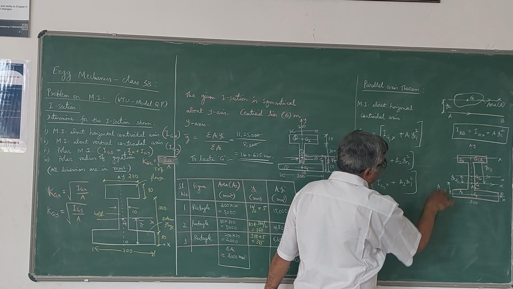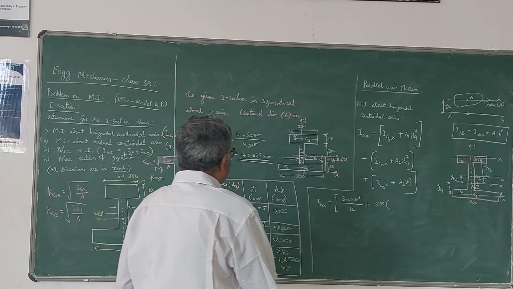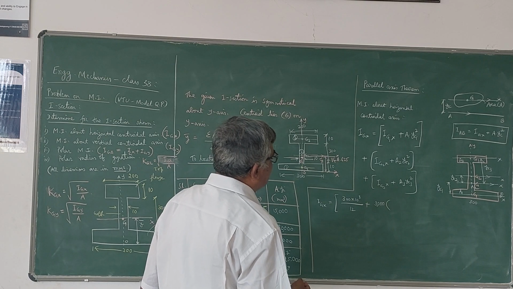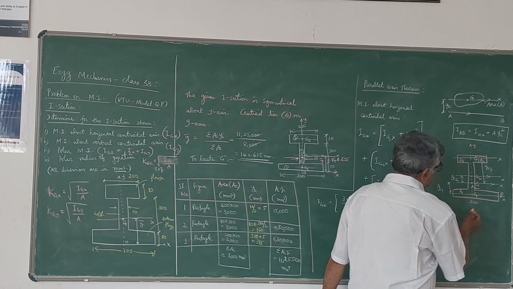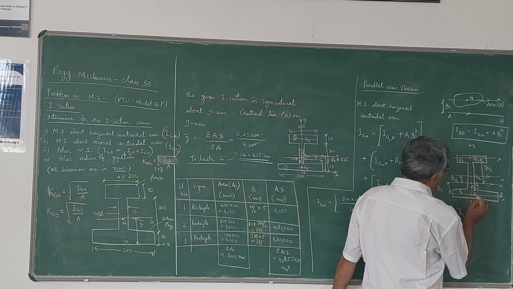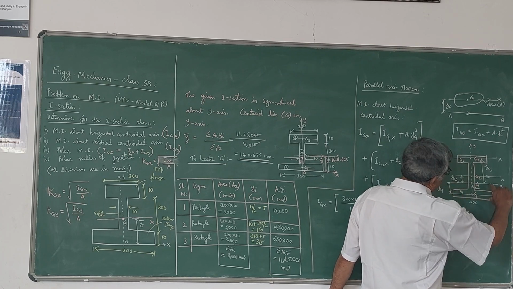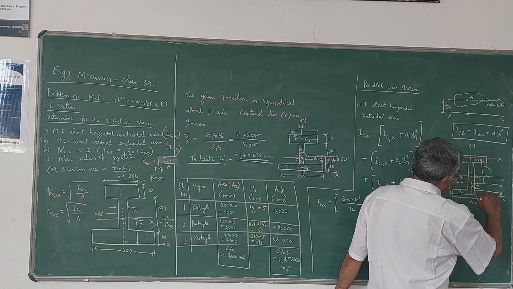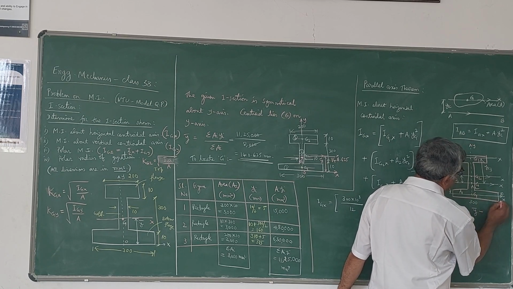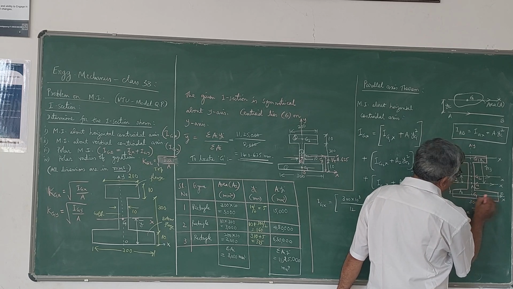multiplied by YC1. So now I need the distance YC1. YC1 is the distance from G to G1. So YC1 is this distance minus this distance. That means it is Y bar minus 5, because from here to here it is 5.